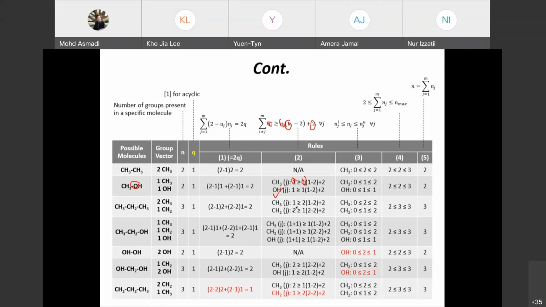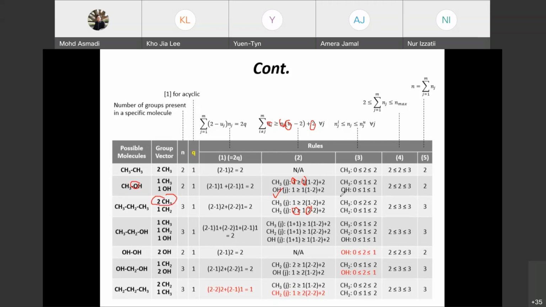Okay, how about this one? CH2, right? CH2 as J, I is equal to CH3. So meaning that 2 for CH3. Okay, 1 minus 2 minus 2, valence for CH2, so 2 minus 2 plus 2. So 2 is more than or equal to 2.